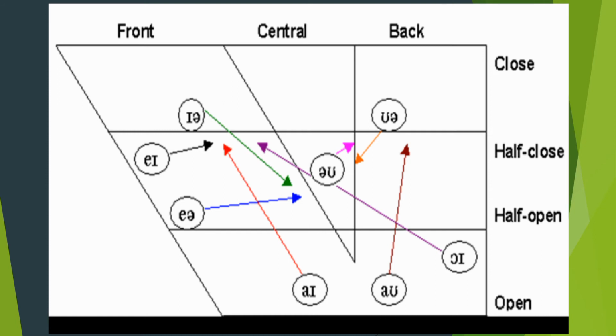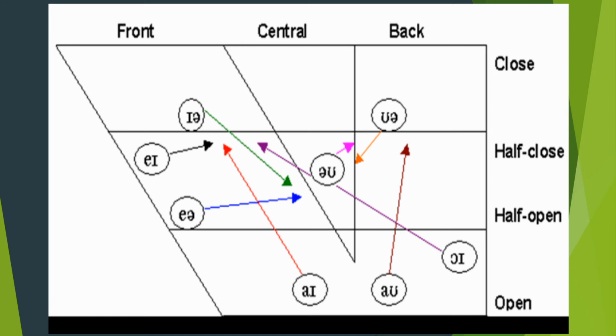And the last diphthong which glides towards E is this violet arrow, that is O towards E, oi.